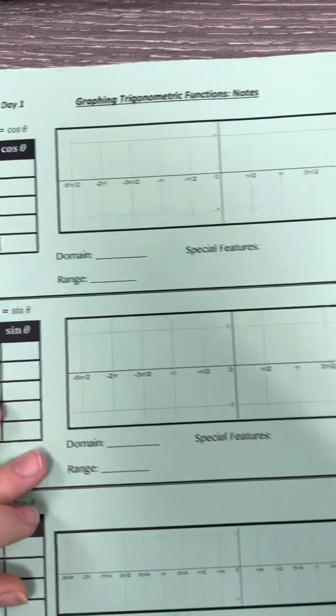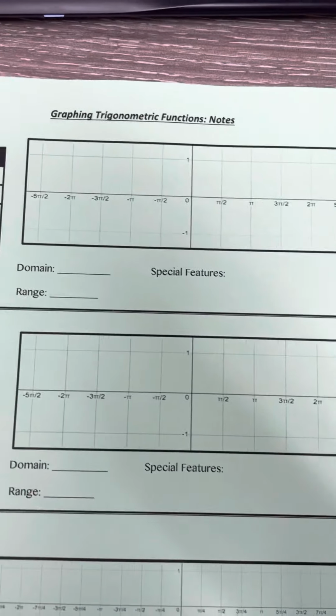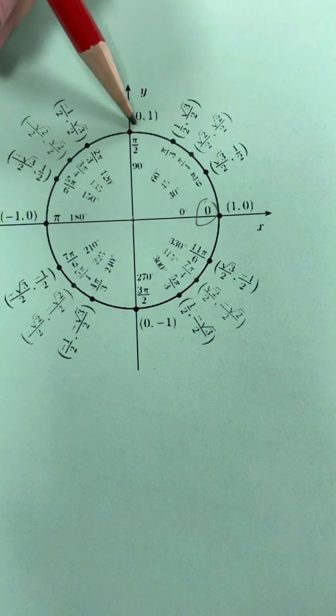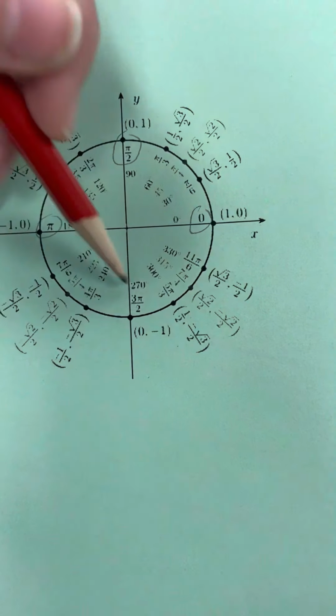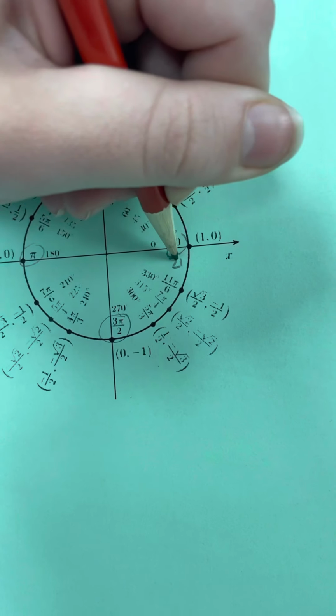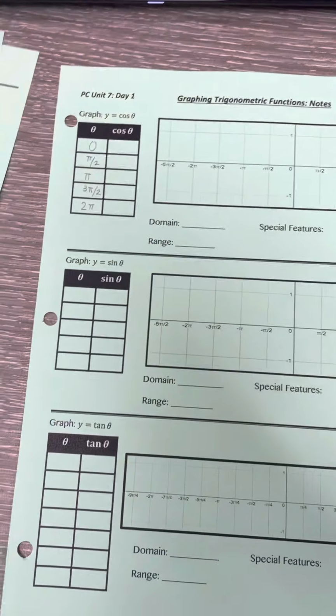And what I can tell you is these are all measures here, and why we are measuring by these is because on the unit circle, this is what we're measuring by. 0, pi over 2, pi, 3 pi over 2, and then once we come back around, this will be 2 pi.